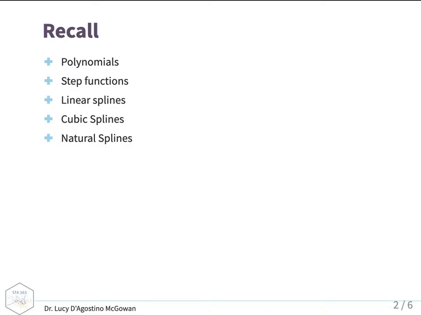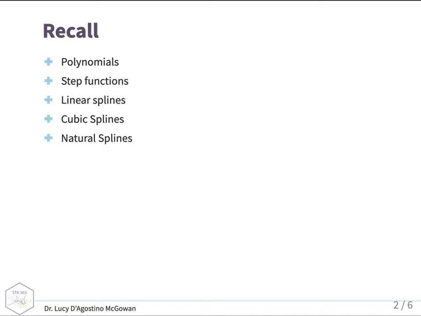And then finally, we talked about natural splines, and these are the ones that I use the most often in my research because, in my experience, they have the best of all of these different types of functions. Often we fit natural cubic splines, so we are fitting cubic polynomials in between a series of knots.